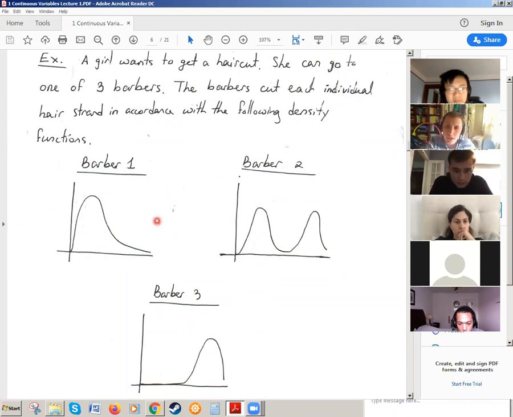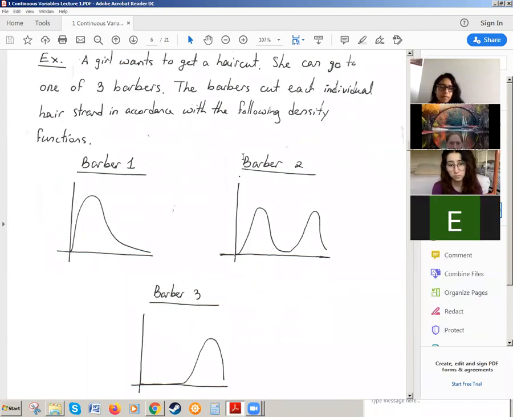Or in particular, just tell me what would the girl look like after the haircut by barber 1, barber 2, and barber 3. She has long hair. Draw a picture or describe it if you don't want to draw a picture.